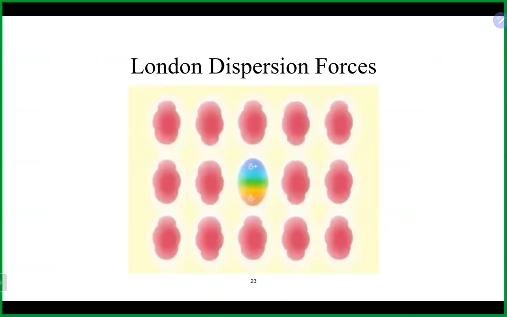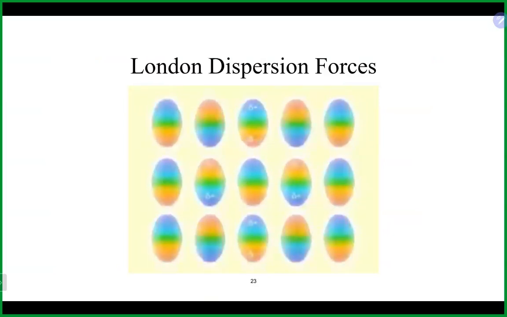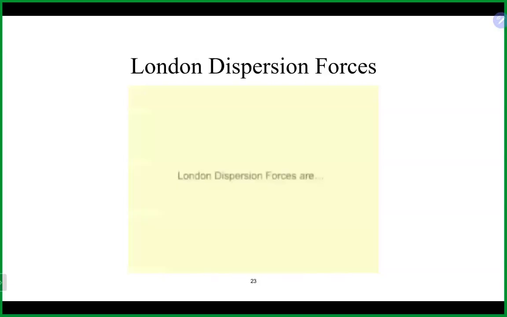Partial charges on the molecule that form a temporary dipole then influence the electron clouds of nearby molecules. Although the dipoles are temporary, there is a significant attractive force between adjacent molecules as a result of the deformation of their electron clouds. The forces are called London dispersion forces.